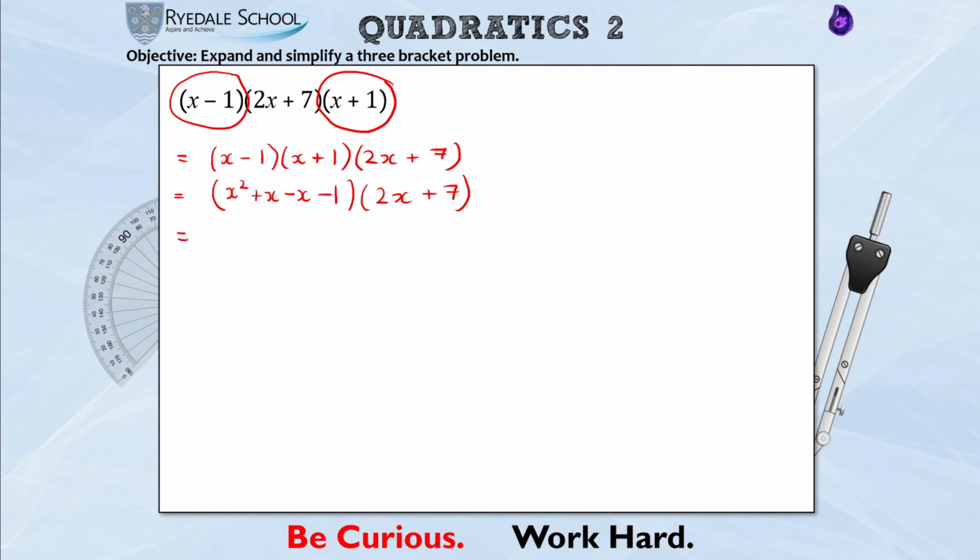And this is what I mean about it being easier and things cancelling, because when you simplify that first bracket, it's now just x squared take away 1. And my second bracket is 2x plus 7. So when it comes to multiplying this out, I can actually now do this one using FOIL because it's 2 parts in each of the 2 brackets.